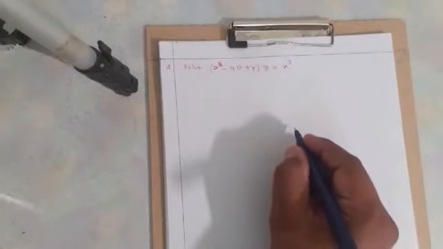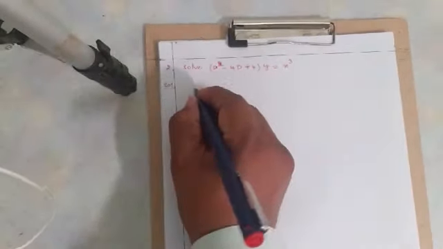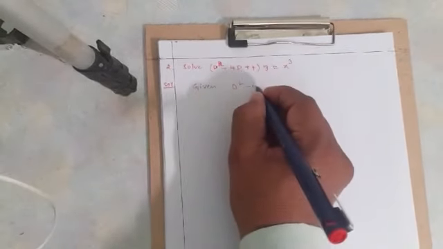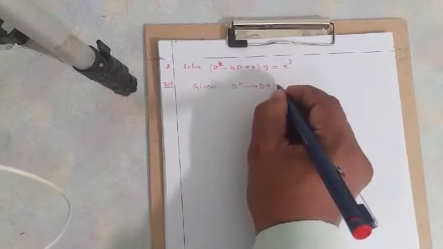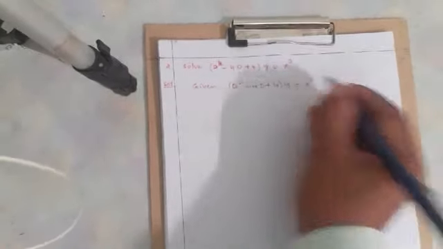Okay, this is the problem. Now let us write the given first. Given is D square minus 4D plus 4 into y is equal to x cube.